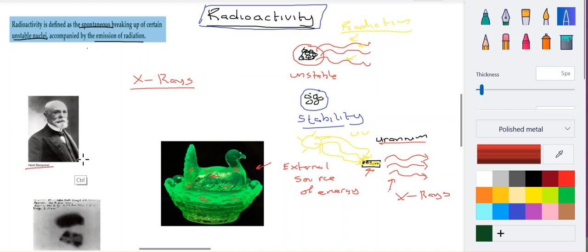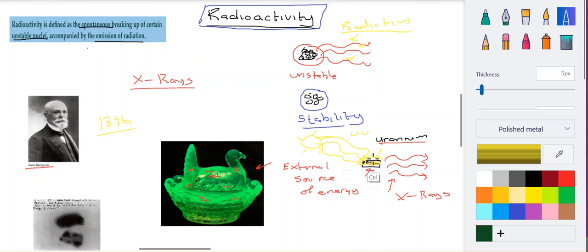And just to put it into context, this was roughly around 1896. So it was in the 1800s. So what he did was he took crystals of uranium, like so. Okay, so he had these uranium crystals.